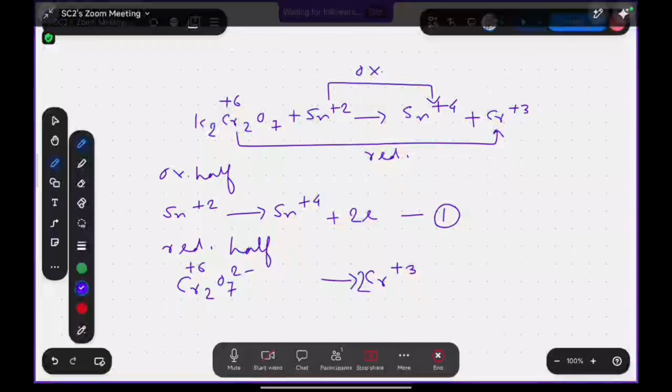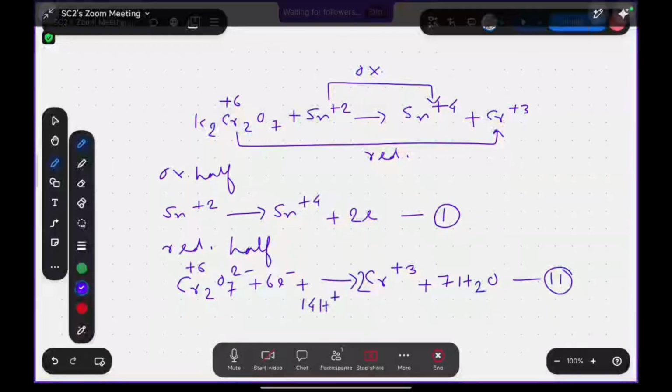For 2 chromium atoms, that means 6 units change. So that means plus 6 electrons, 7 H2O on the right hand side and 14 H plus on the left hand side. This becomes equation 2.